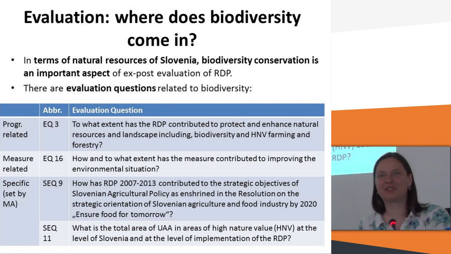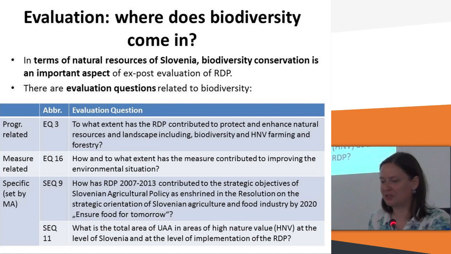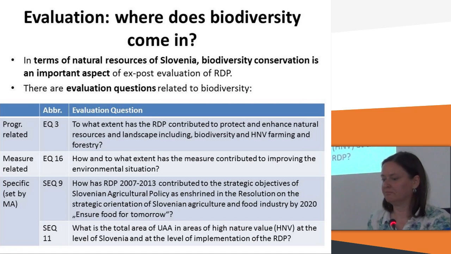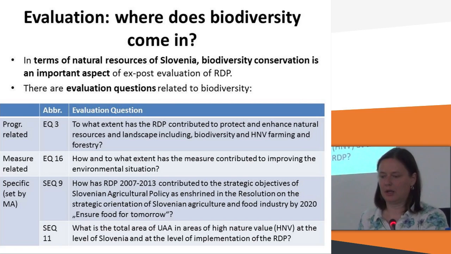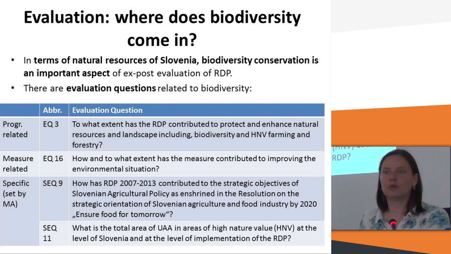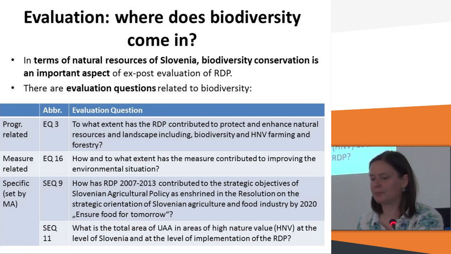Where does biodiversity come in at the evaluation? Well, if we look at evaluation questions 3 and 16, biodiversity is an important natural resource. So its conservation is quite important for the Rural Development Program of Slovenia, and of course then also for the ex post evaluation.